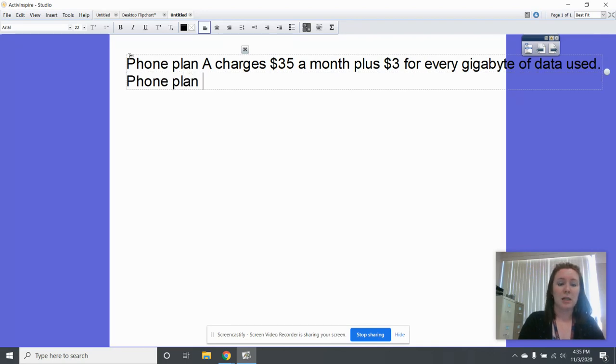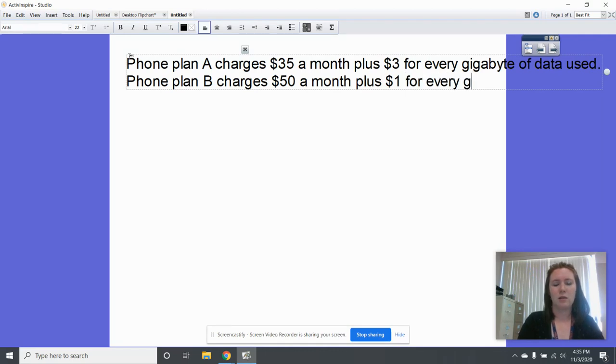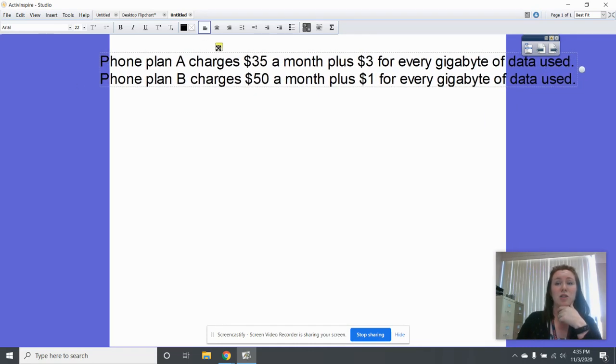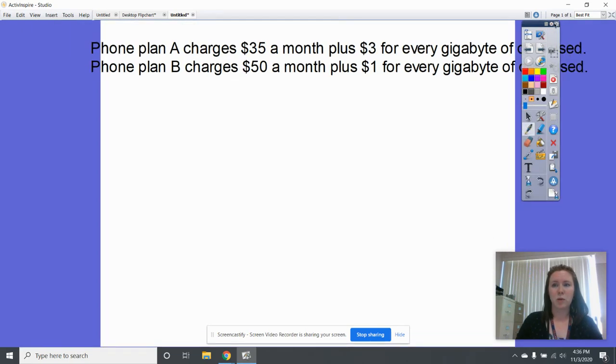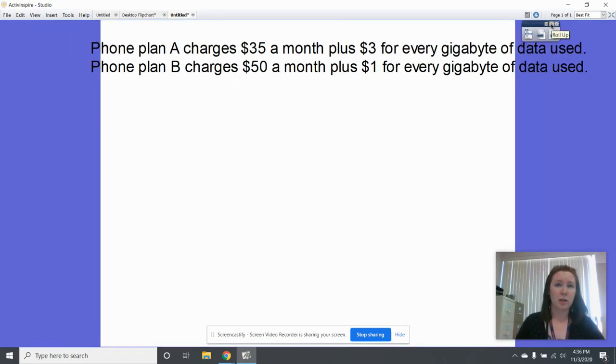Phone plan B charges $50 a month plus $1 for every gigabyte of data used. Okay, and then you could be asked to figure out, for how many gigabytes are these two phone plans the same? That is what the question would ask.